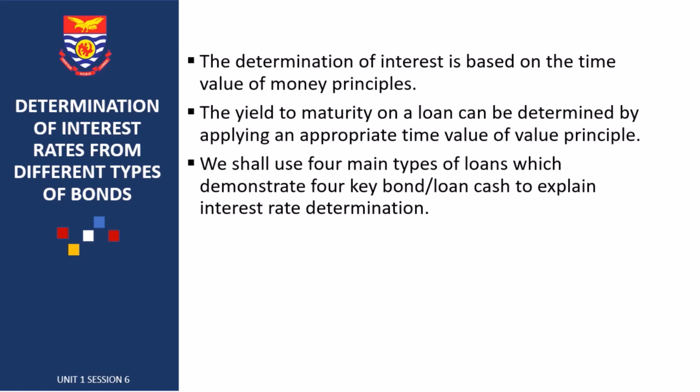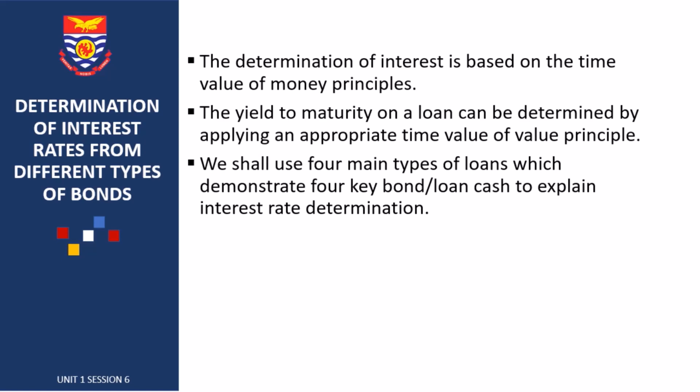The determination of interest rates is based on the time value of money principles. Since the time value of money principles differ, we'll have different types of determination of interest rates.